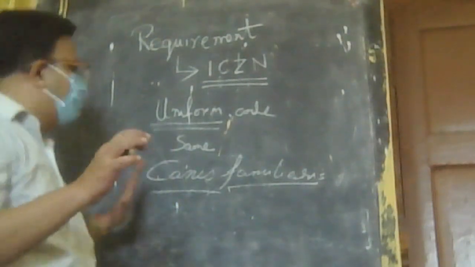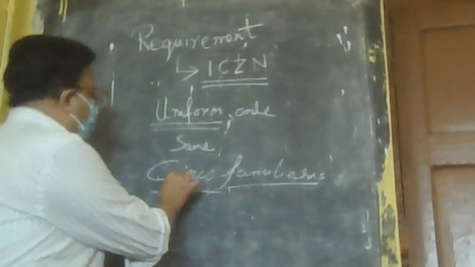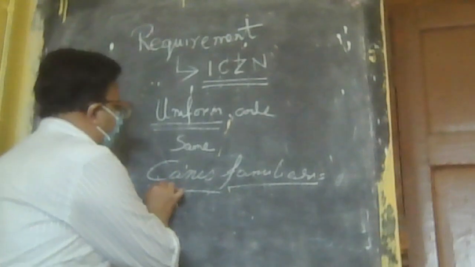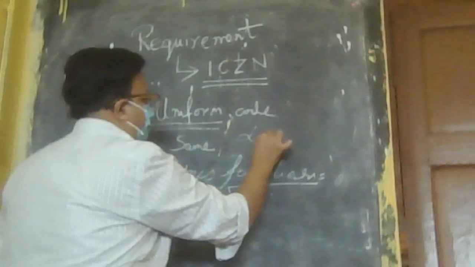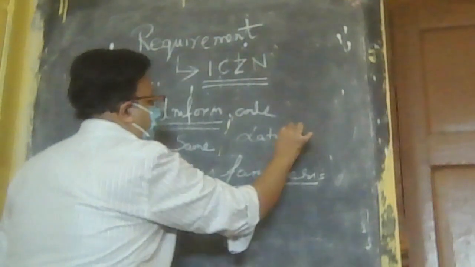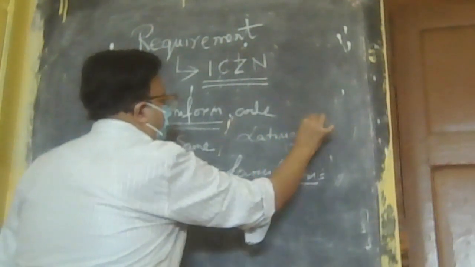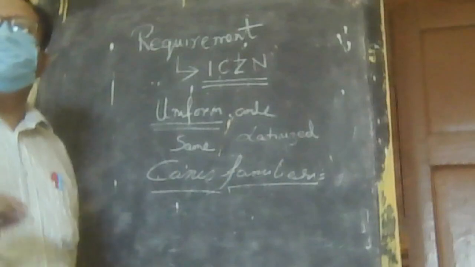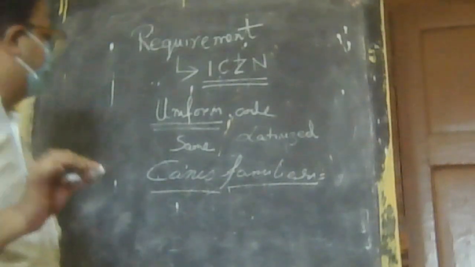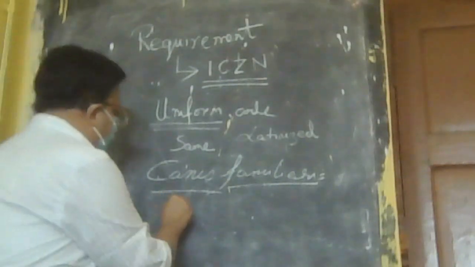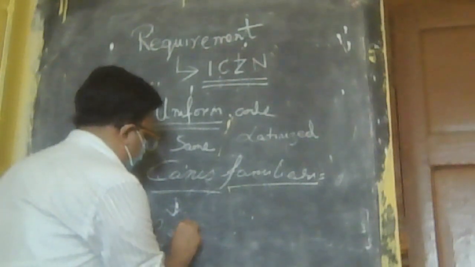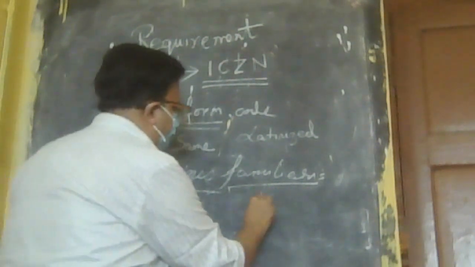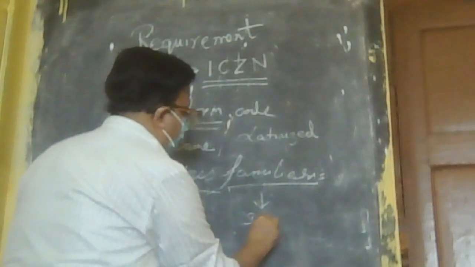Now we know that this is a dog, and this system of nomenclature is Latinized. In Canis familiaris, Canis is the genus and familiaris is the species.